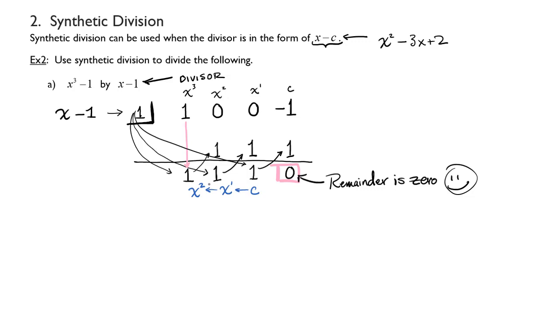This is just to be very sure that what I've assigned as the different degrees is actually accurate. So my quotient is x squared plus x plus 1. We could also write this as x to the third minus 1 divided by x minus 1 is equal to x squared plus x plus 1.